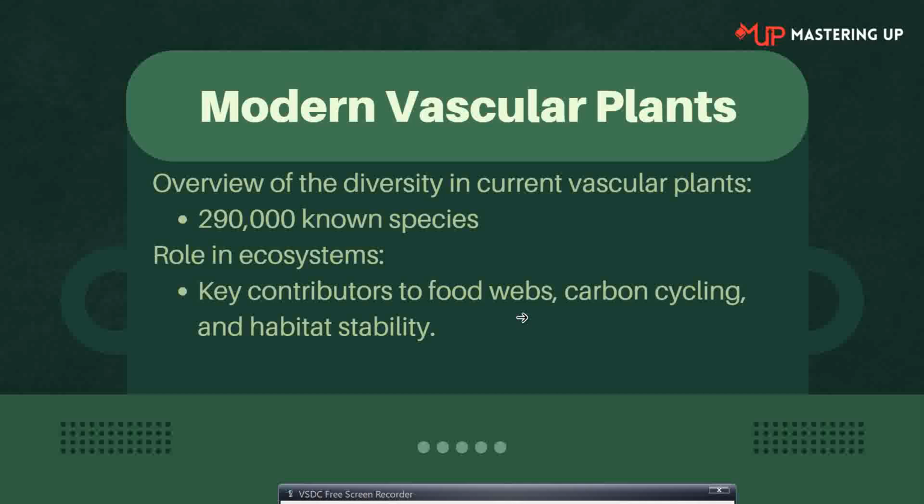You know the importance of plants, how important they are not only for the earth to function. So the evolution of vascular plants helped plants adapt to a wide range of climatic conditions and habitats, and that's why you can call them key contributors to the food web, carbon cycling and habitat stability.